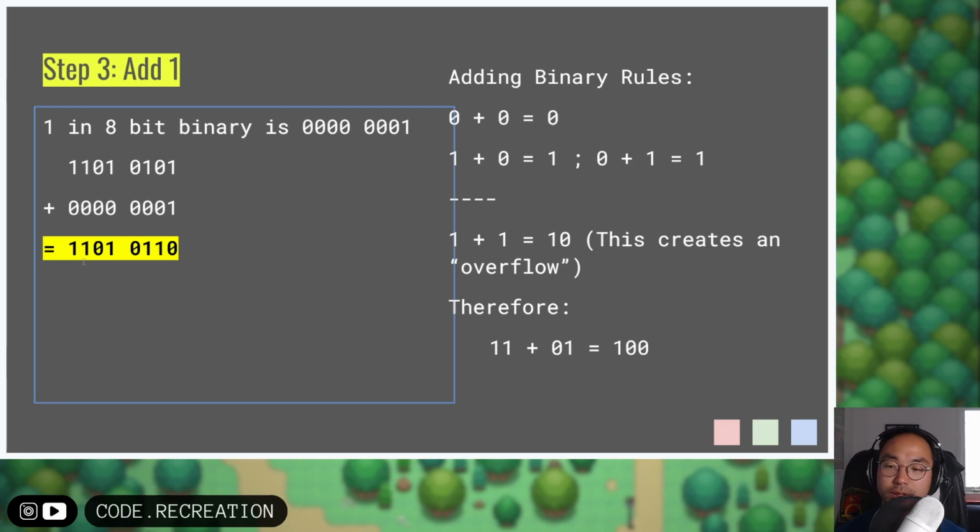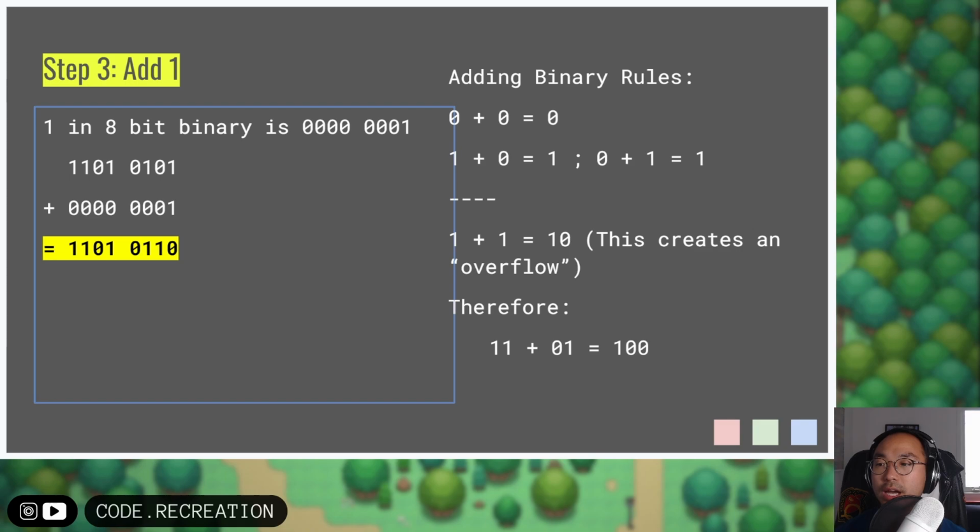And 1 plus 0 is 1. So we really just maintain the rest of the unaffected bits as they are. And our second bit and our last bit have been affected to have 1, 0. And if we were to translate this back into an integer number, it would calculate to negative 42.